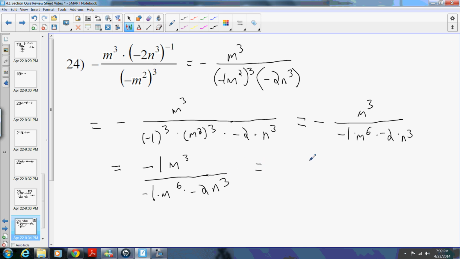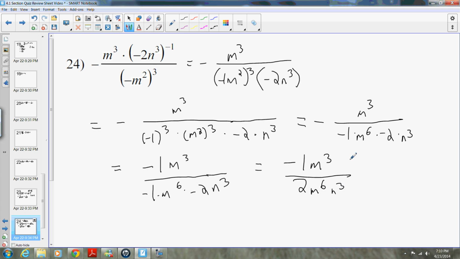Okay. All right. So how do we simplify here? M to the 6th and n to the third can't be simplified. They have to stay. But negative 1 times negative 2 can be simplified. I'm going to make this negative 1 m cubed, positive 2. So this ends up being 2m to the 6th n cubed.